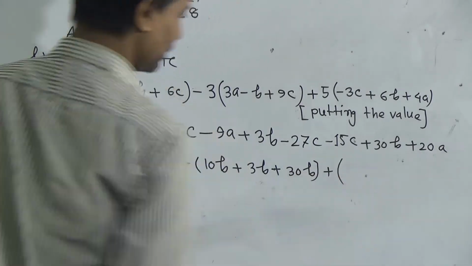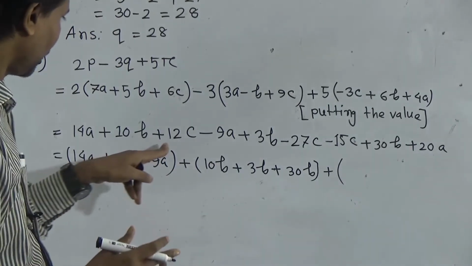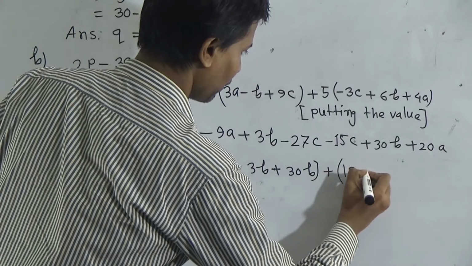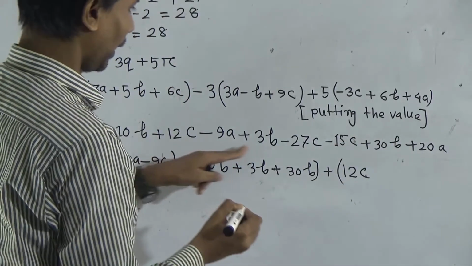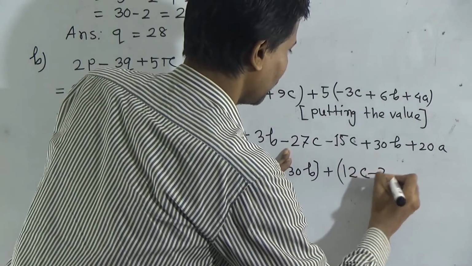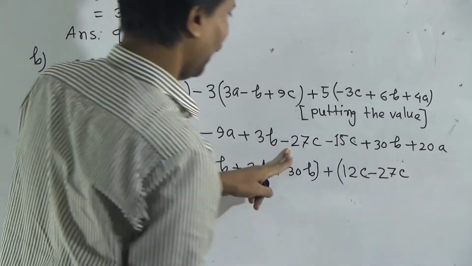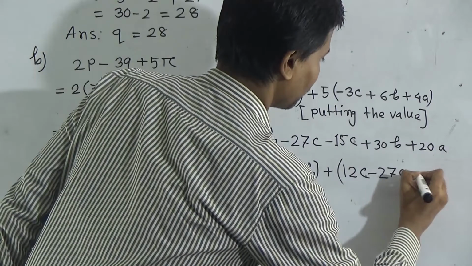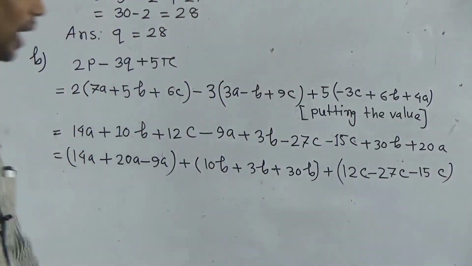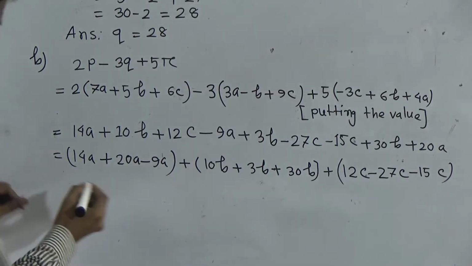Now you have to arrange the C. 12C, then minus 27C, then minus 15C. Okay, after writing you may recheck.